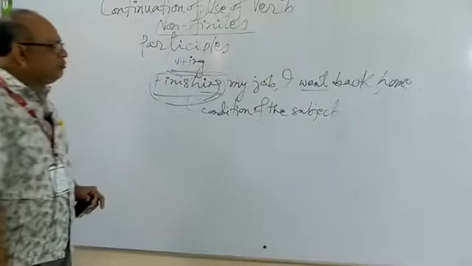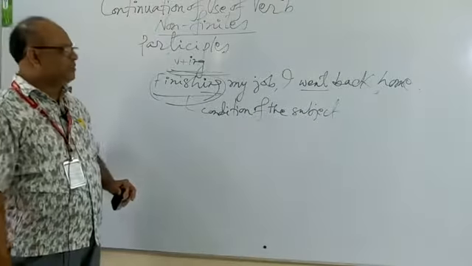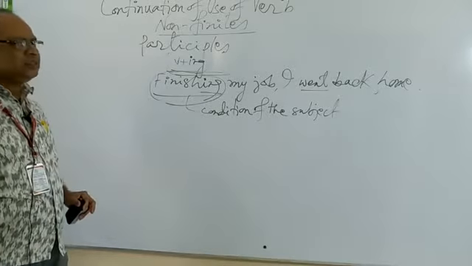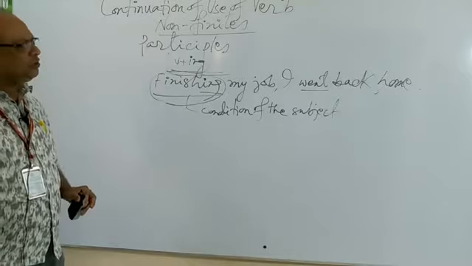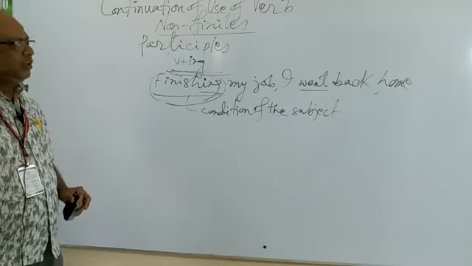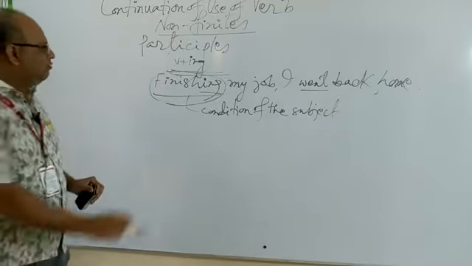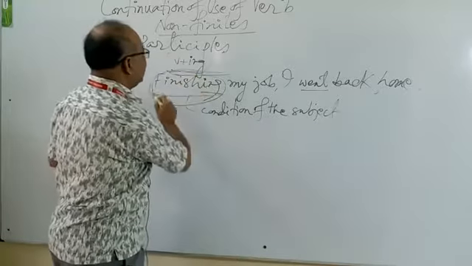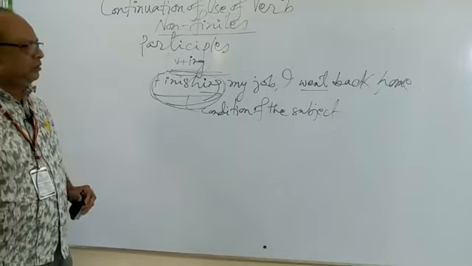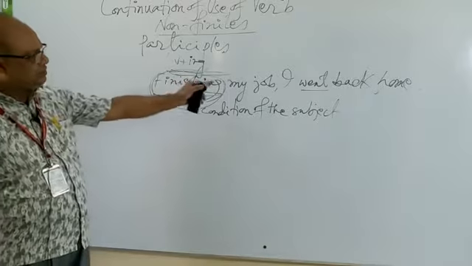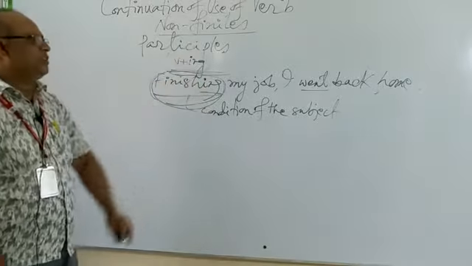So this is one way of using present participles. That means it gives you the condition of the subject, in which condition the subject works. So finishing works here as a present participle. And we can use this phrase in the second part of the sentence also.